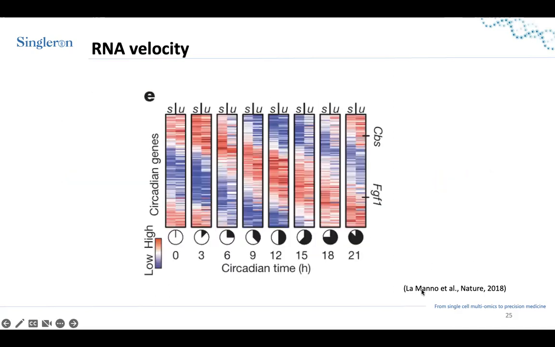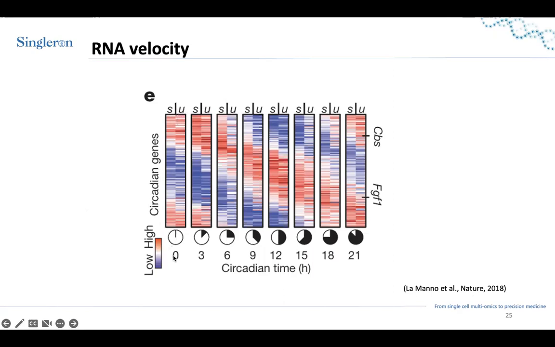And so in this paper from Lamano, published in 2018 in Nature, they measured the circadian genes. Each row represents one gene, circadian genes. On the left side, the first column represents the spliced counts, and the right column represents the unspliced counts.